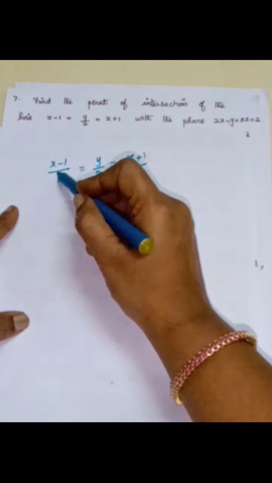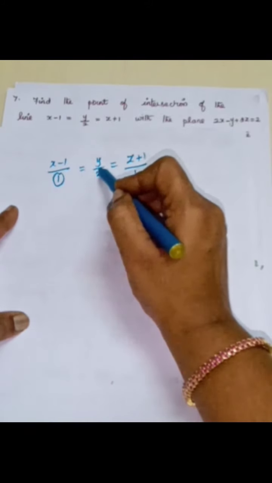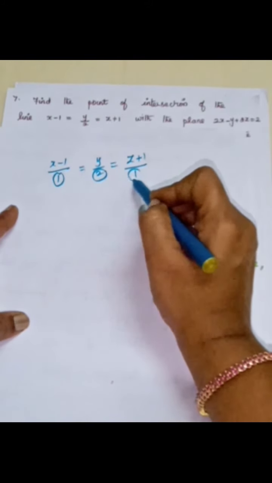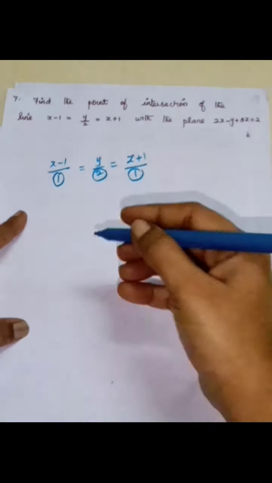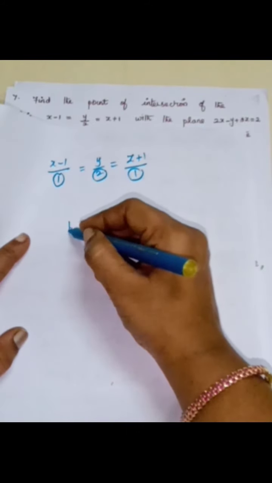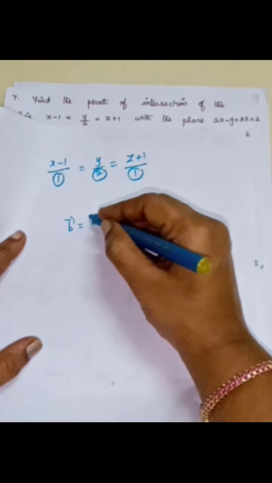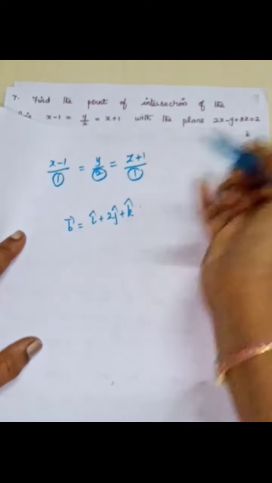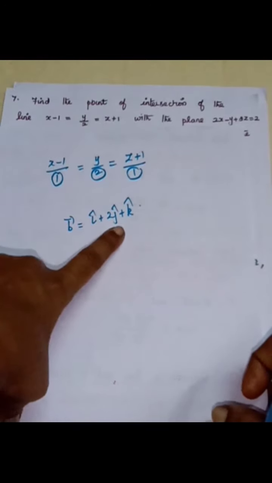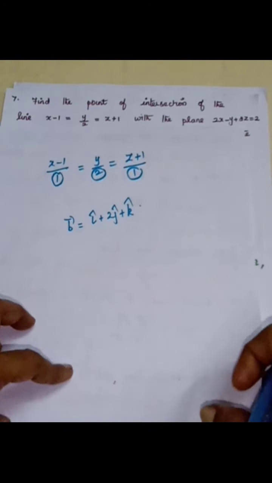Therefore, you have to see the denominators. They are the direction ratios of the parallel vector. So we can write the b vector as i cap plus 2j cap plus k cap. So the b vector has to be taken from the denominators of the line.